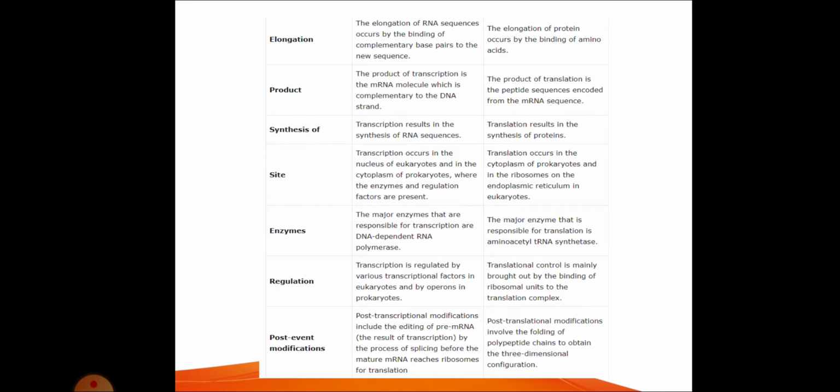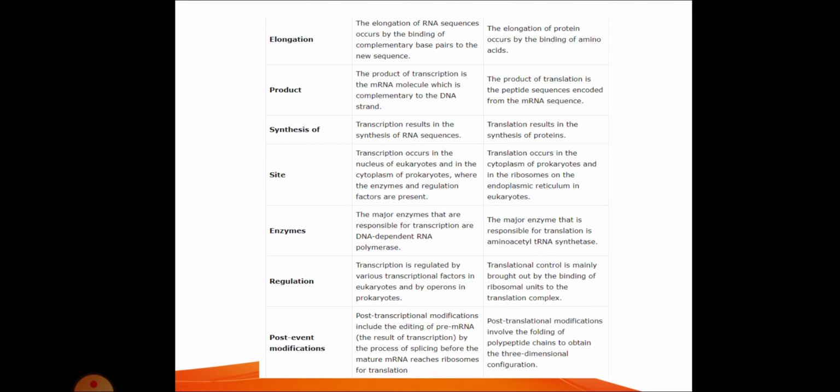On the other hand, the major enzyme responsible for translation is aminoacyl tRNA synthetase. Transcription is regulated by various transcriptional factors in eukaryotes and by operons in prokaryotes. On the other hand, translation control is mainly brought about by the binding of ribosomal units to the translation complex.